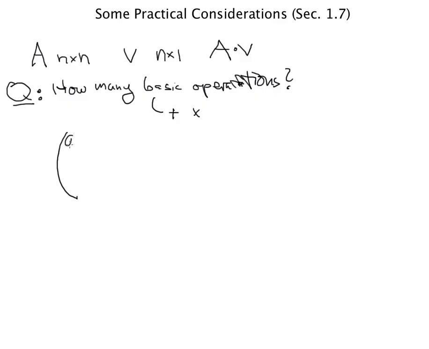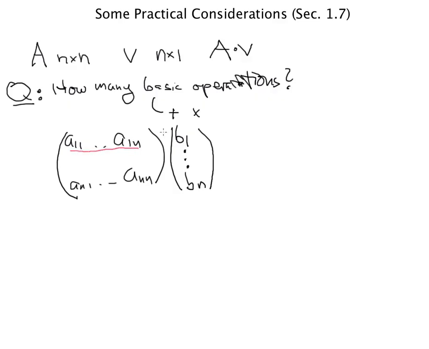You have an n by n matrix, so that's A11, A1n, An1 up to Ann, and you're multiplying this times B1 down to Bn. And how many operations does it take, for example, to compute the first entry in the result?